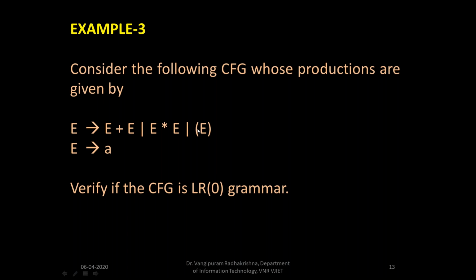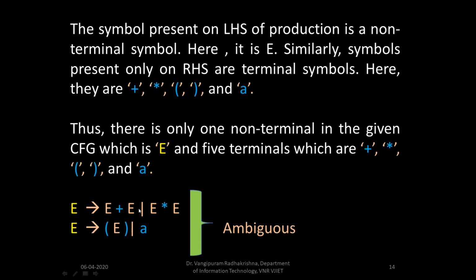If you look into the first 2 productions, capital E derives E plus E, and then capital E derives E star E, we can verify that the symbol E, highlighted in yellow, appears twice on the RHS part of the first production.